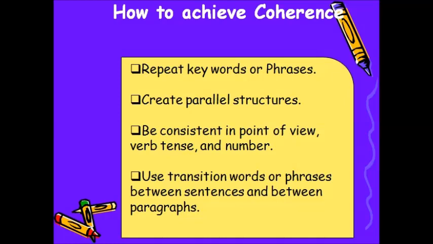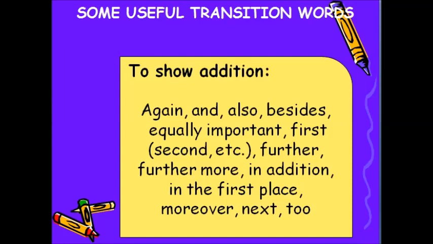These are all important phenomena of a powerful composition. Transition words are very important for writing effective paragraphs. Here are some of the most useful transition words, and we will see what kind of purpose they serve.